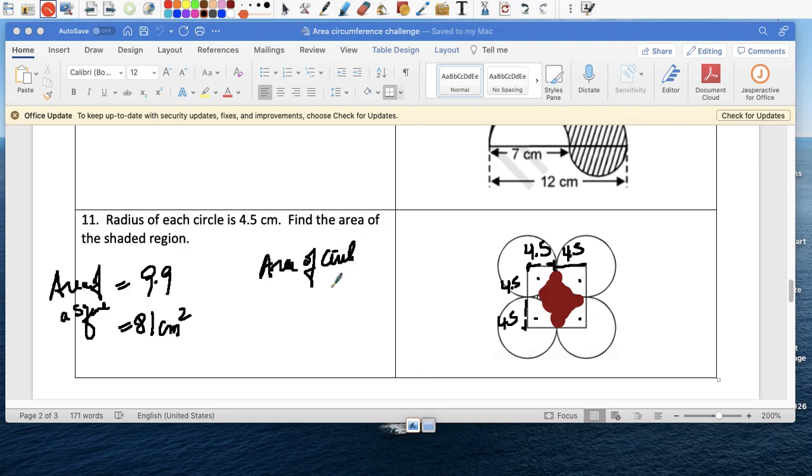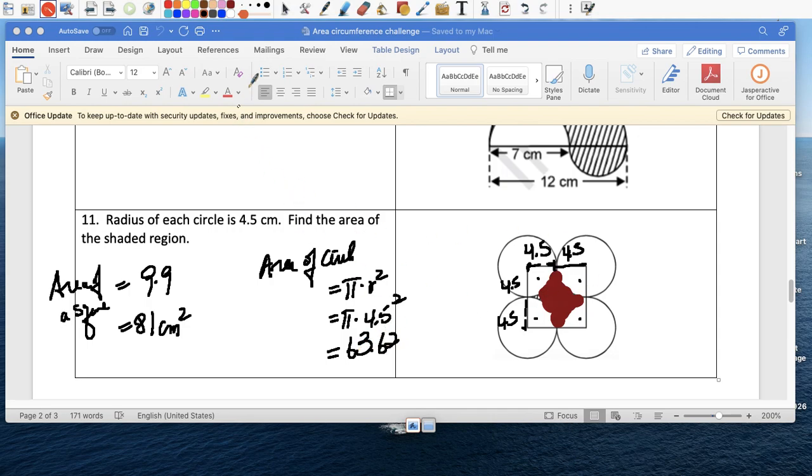That quarter circle has a radius of 4.5. So pi times 4.5 squared, enter, 63.62.